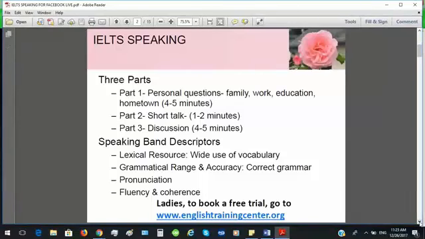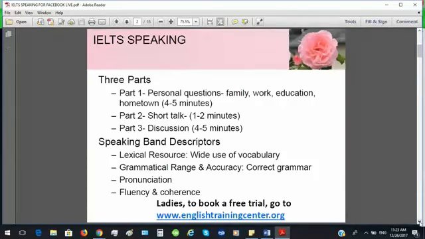So try to increase your vocabulary. Also, grammatical range and accuracy is important. So make sure that you minimize the number of grammatical errors that you have. Of course, it's not going to be perfect, but try to increase your knowledge of grammar and use the correct grammar.